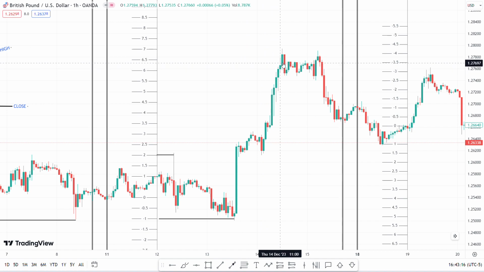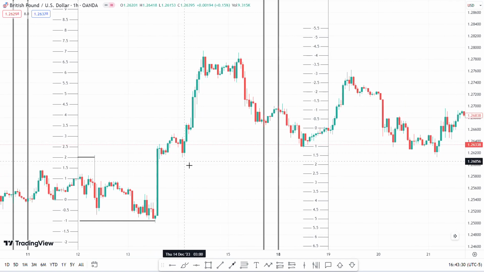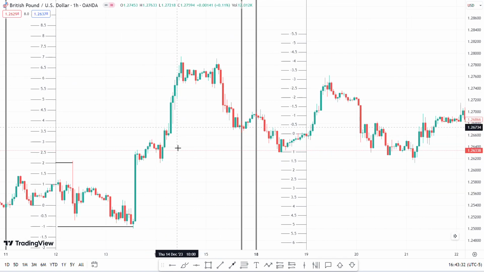So 6 and 6.5 we'd be looking out for. And that would be enough for the week, enough of trading for the week, just this range.